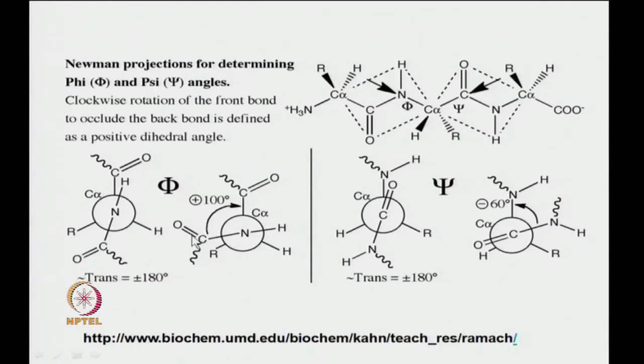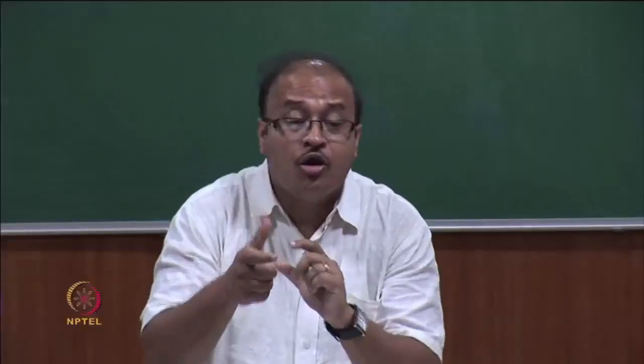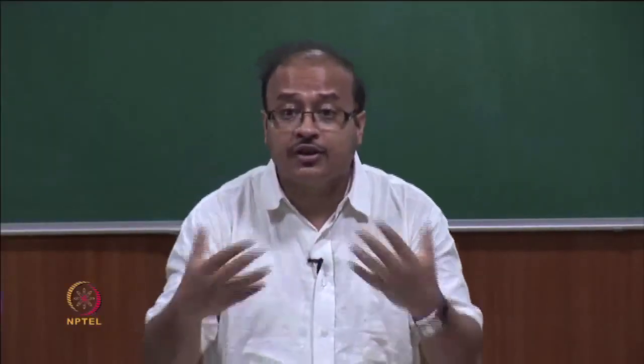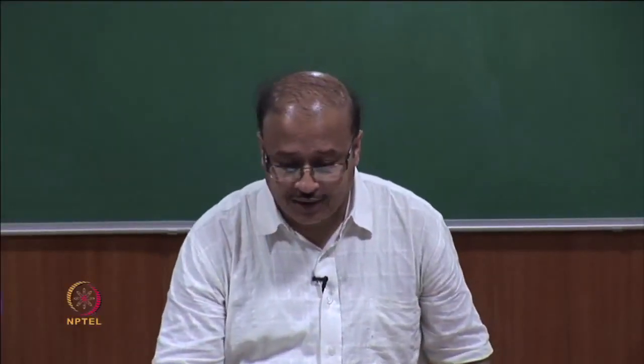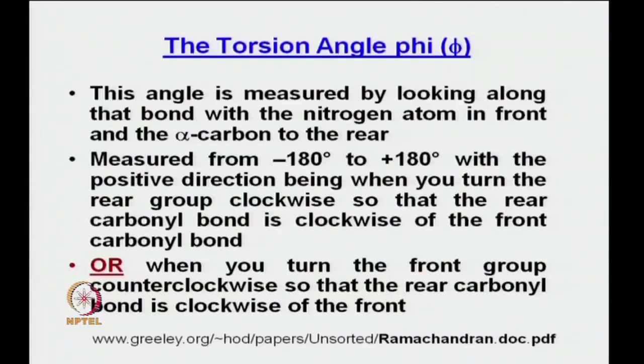That is why it is called plus 100, because that is the angle, and this is the convention of giving it the positive sign. Or when you turn the front group counterclockwise, the rear carbonyl bond is always clockwise of the front. So, these two mean the same.